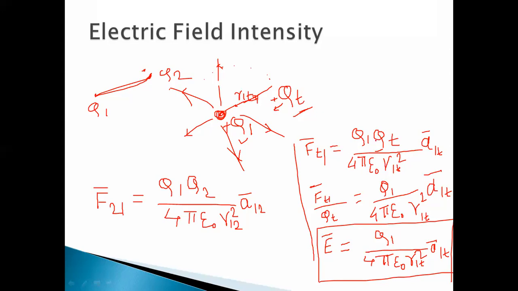If I take this test charge QT in the denominator side of this F bar T1, then this equation becomes Q1 divided by 4 pi epsilon 0 R1T square into unit vector A bar 1T. So this term, F bar T1 divided by QT, force divided by charge, is nothing but your electric field intensity E bar, which is equal to Q1 divided by 4 pi epsilon 0 R1T square into A bar 1T.